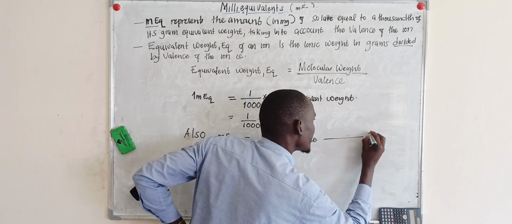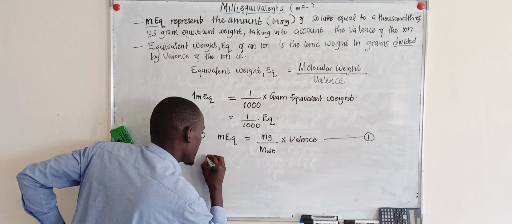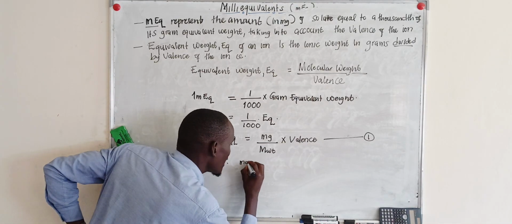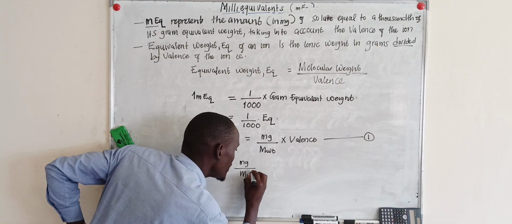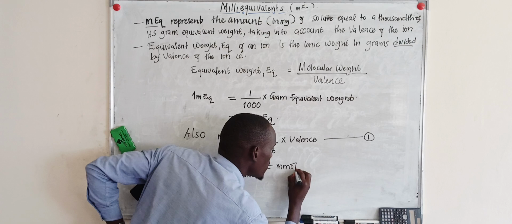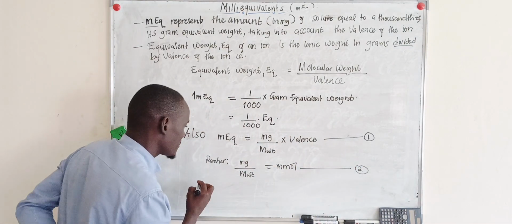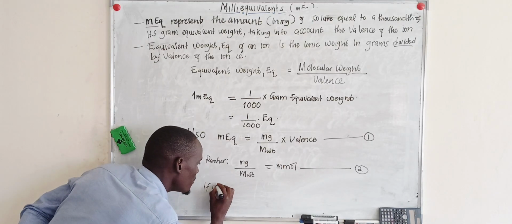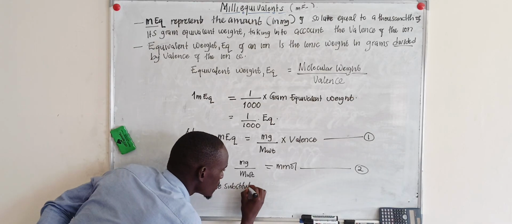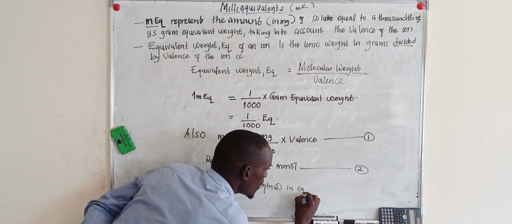If we call this our equation 1, remember milligrams divided by molecular weight is equal to millimole. So if we call this our equation 2, that means we substitute equation 2 in equation 1.